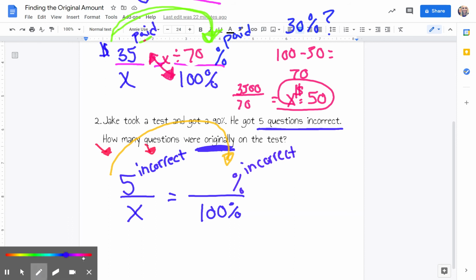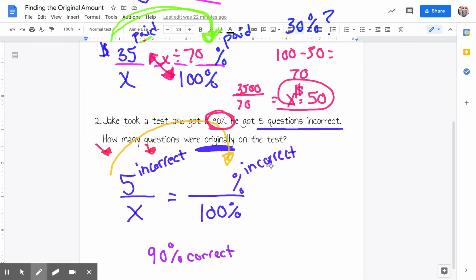Okay, so let's talk about that. Did I get 90% incorrect? Think about a test. You guys all have taken a test. The percent you get on a test represents the amount you got correct, right? So 90% is what he got correct. What percent then did he get incorrect?